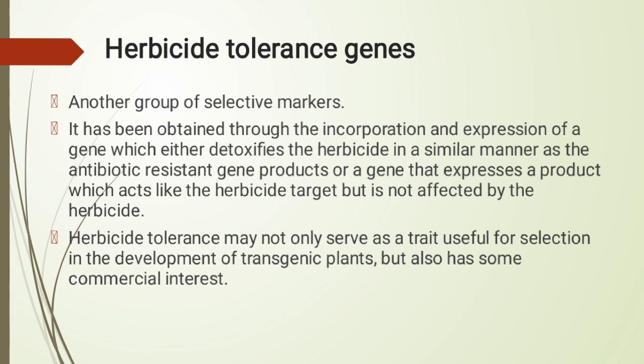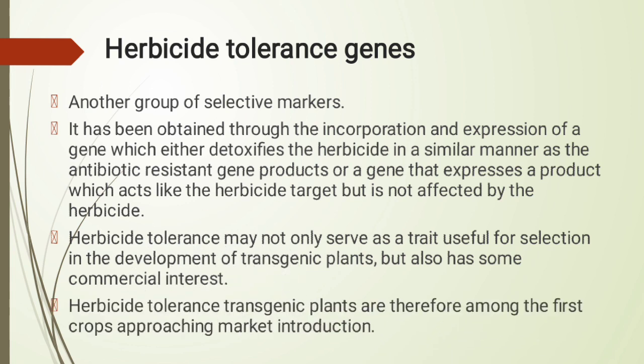Herbicide tolerance may not only serve as a trait useful for selection in the development of transgenic plants, but also has some commercial interest. Herbicide tolerant transgenic plants are therefore among the first crops approaching market introduction.